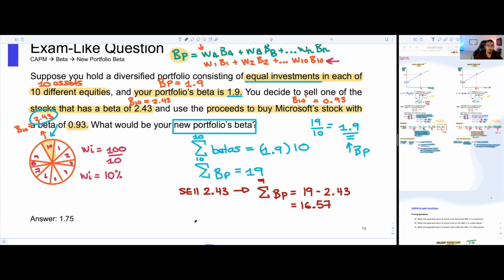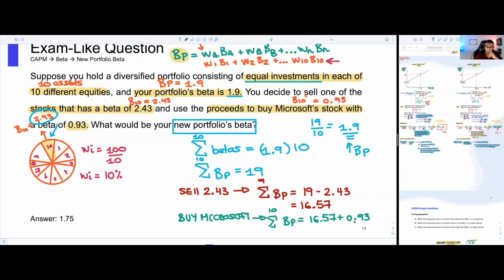But now we're going to buy Microsoft for the same weight, the same 10%, such that our new sum of betas for 10 stocks would be equal to 16.57 plus 0.93.